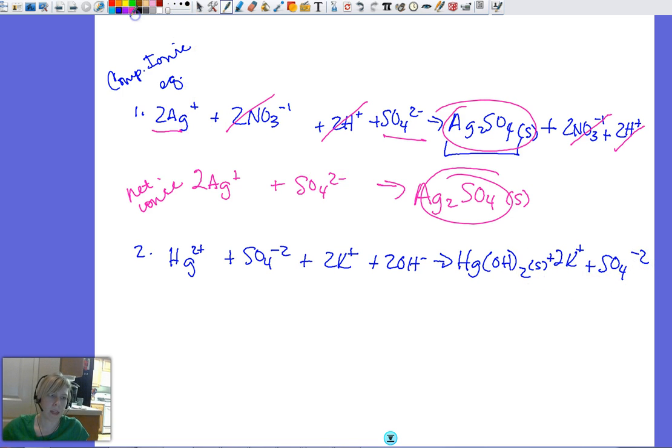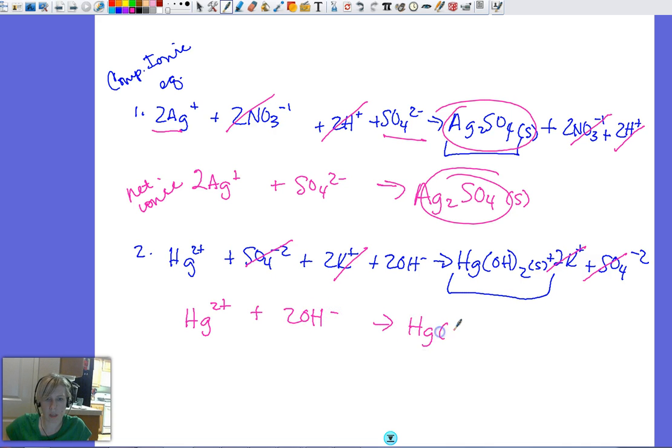Now for the net ionic equation, we only care about the ones that make this. So we don't care about this one, we don't care about this one, they're spectators. So our net ionic equation is Hg2 plus 2OH minus gives us Hg(OH)2, and that will be solid.